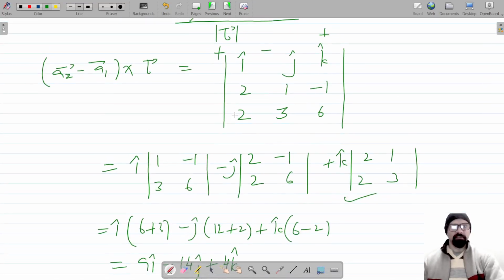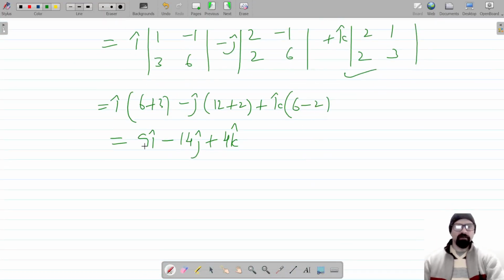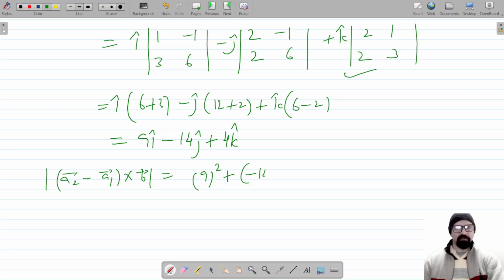Okay, now let's use the formula. Now let's find out the magnitude of A2 minus A1 cross with B, which is the sum of the square of the scalar components and their root.